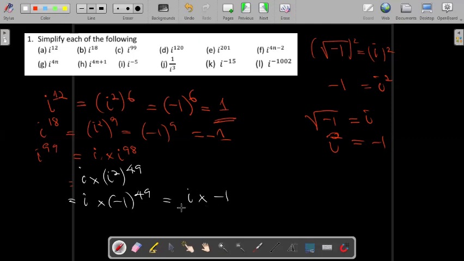You multiply by the -1, and this simplifies to i. So that's how you work out part C.